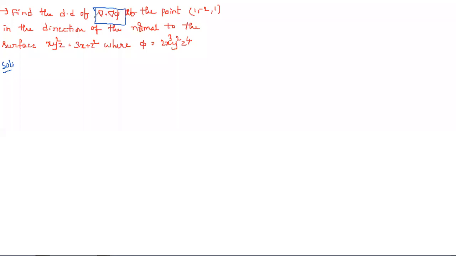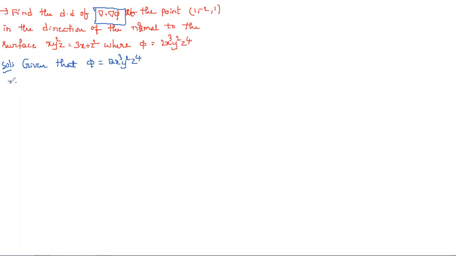So first we need to calculate this one, and for this we need to find del phi again, and then we need to calculate. Given that phi is equal to 2x cube y square z power 4. Next, del phi calculation.